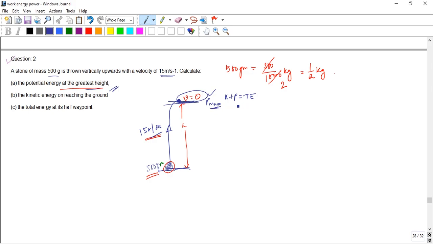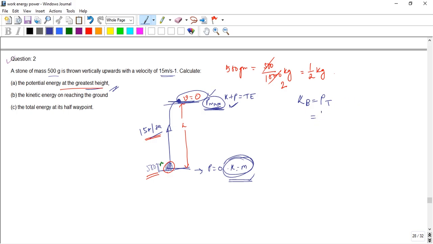At the bottom point, potential energy is 0 but kinetic energy is maximum. So the potential energy at top is equal to the kinetic energy at bottom.